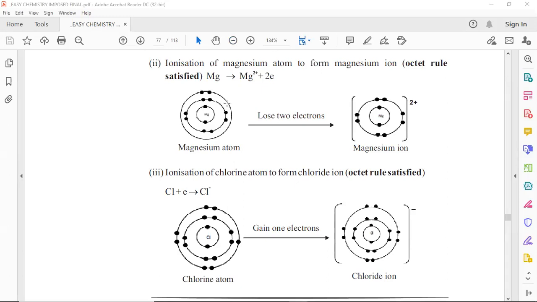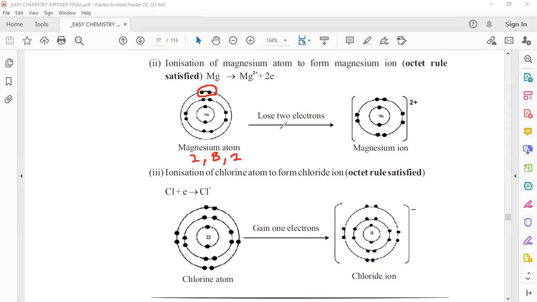So we're looking at the magnesium atom, which loses according to its valence number, and the valence number for magnesium is 2. So magnesium will lose those 2 electrons, and its initial configuration is 2, 8, 2.